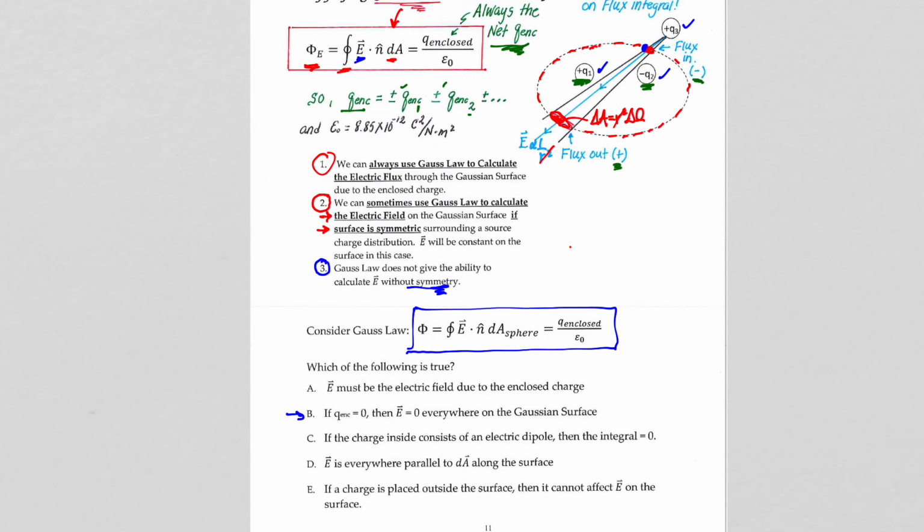C, if the charge inside consists of an electric dipole, then the integral is 0. That is definitely true because the integral itself only addresses the Q enclosed. So this is true, yes.